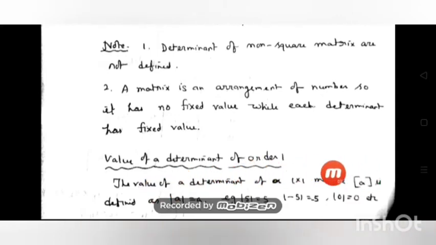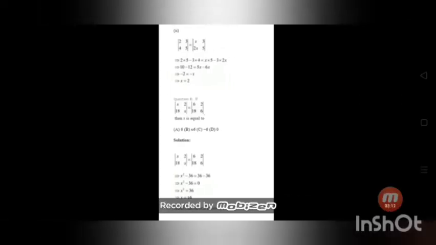Then the determinant of this matrix, with A within two vertical lines, is equal to the number itself. For example, determinant of 5 is equal to 5, determinant of minus 5 is equal to minus 5, determinant of 0 is equal to 0, etc. Don't confuse it with modulus. That means in case of a first order determinant, the value of the determinant is the number itself. The number does not change.